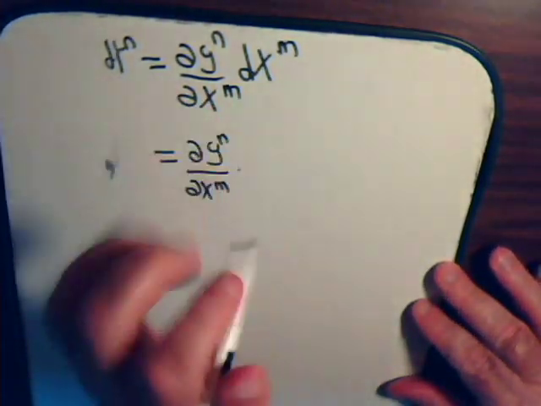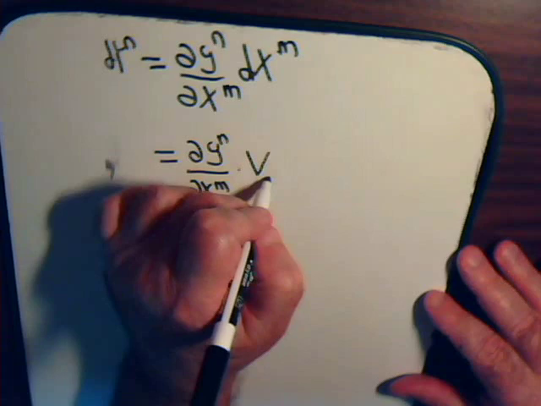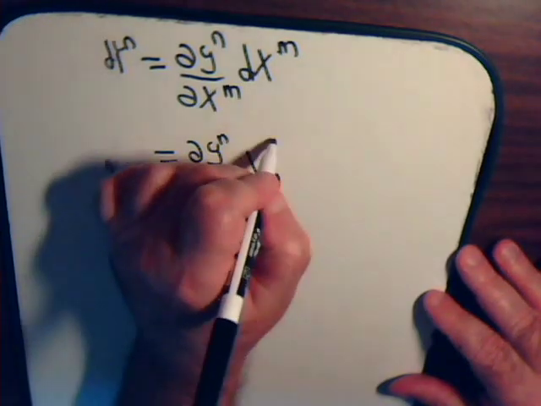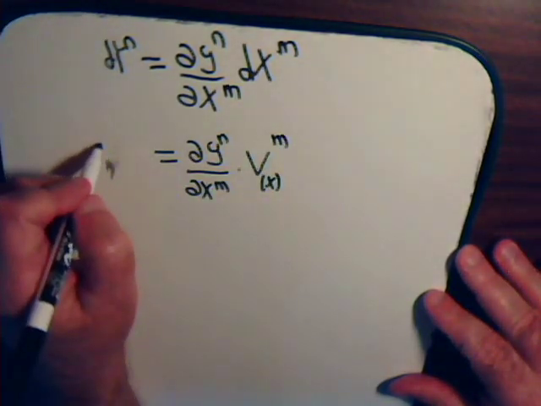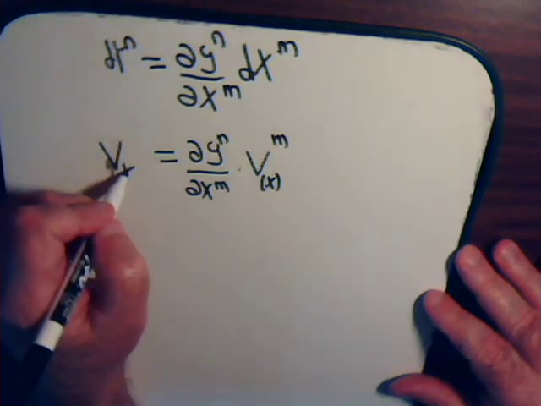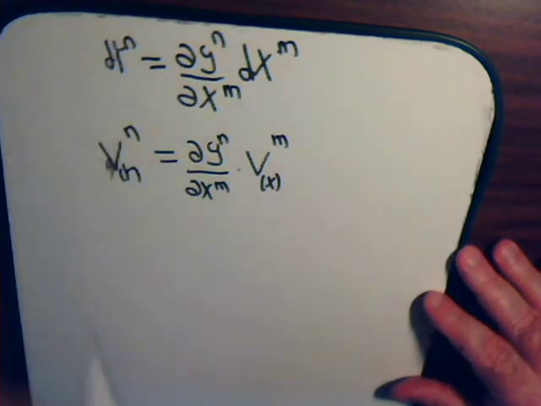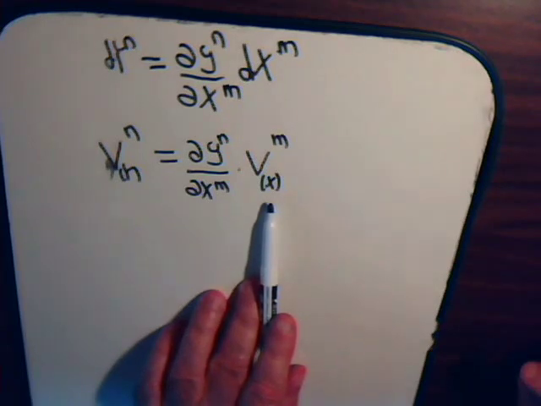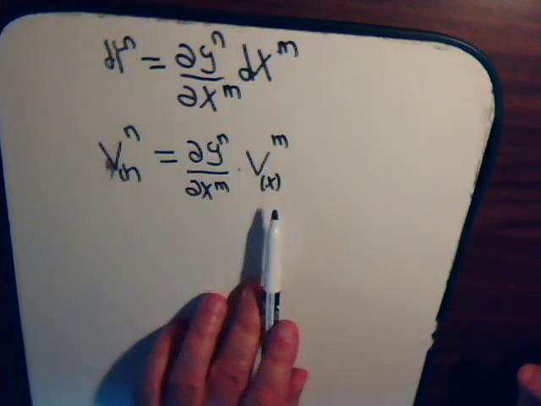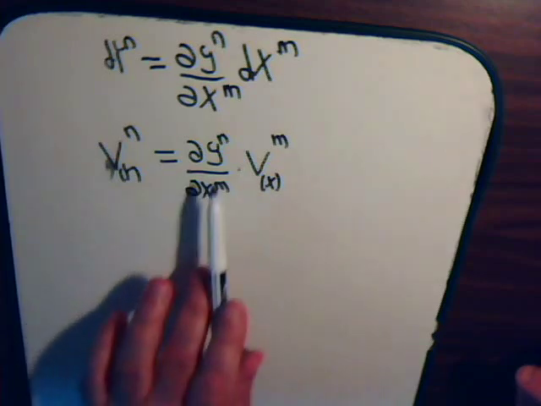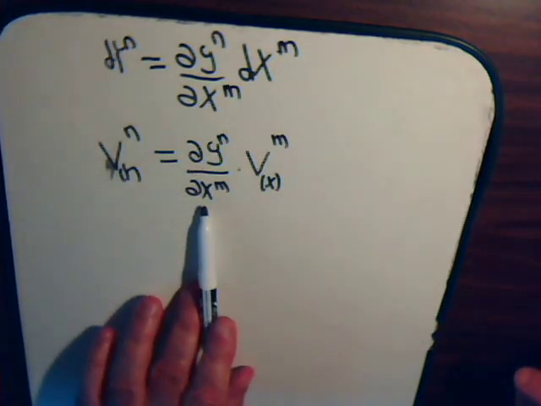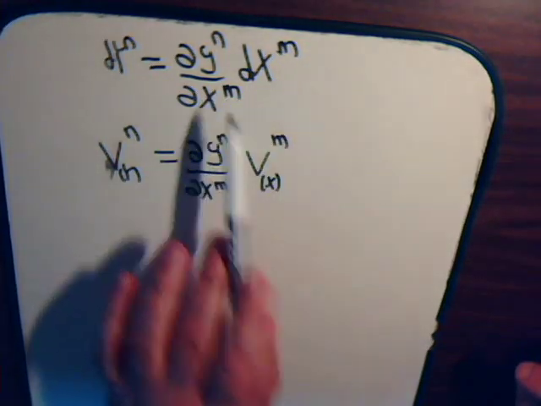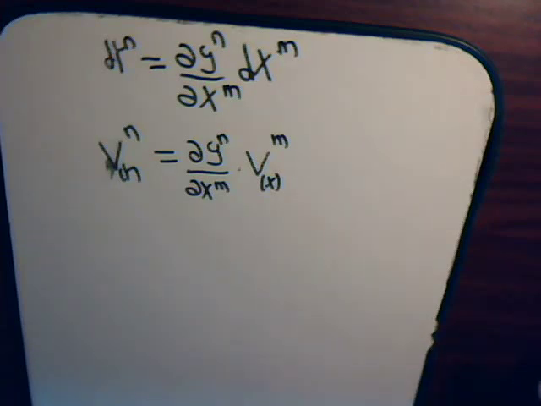We're generalizing now. If we have a vector in the x frame and its components transform into the y frame by taking these partial derivatives, just like you do for the displacement vector, then that's a contravariant vector.